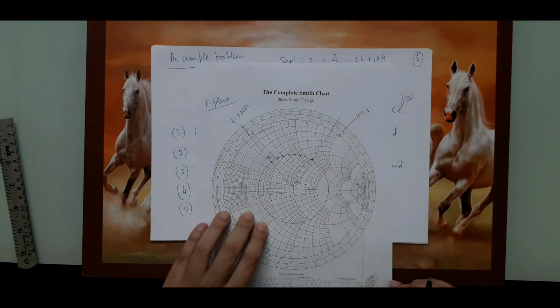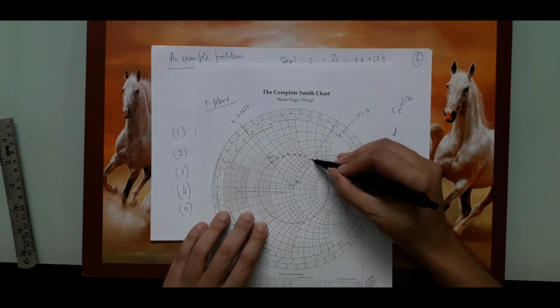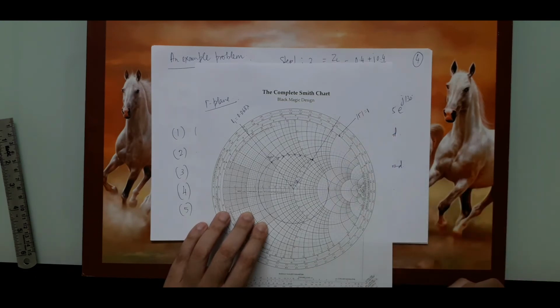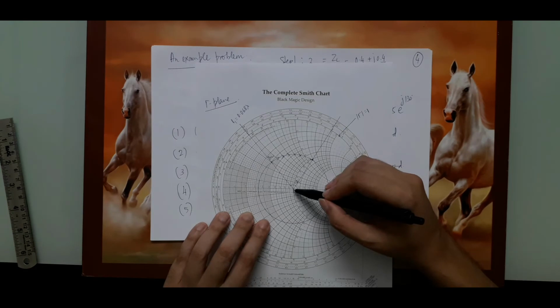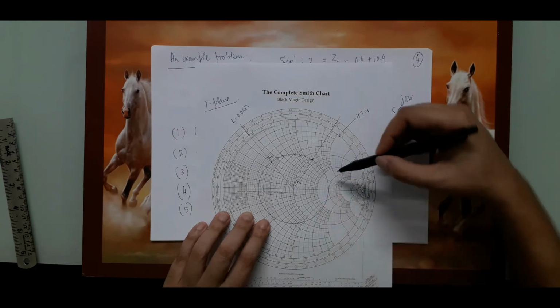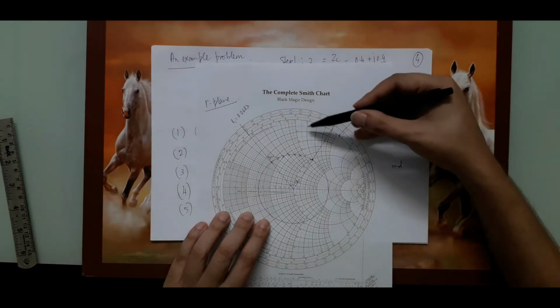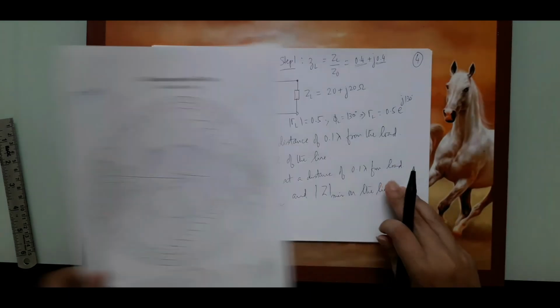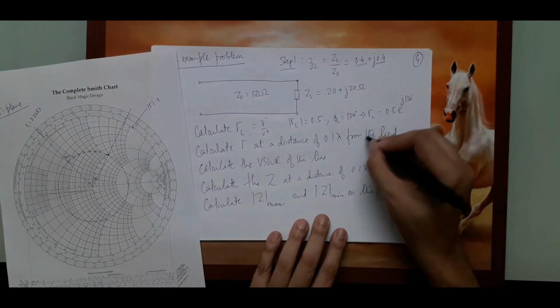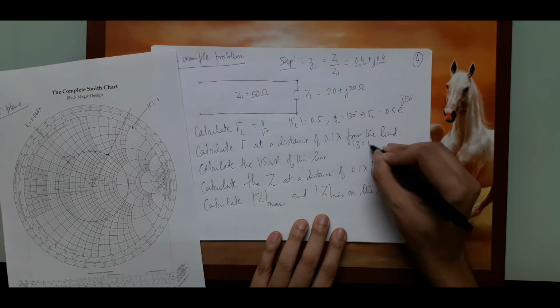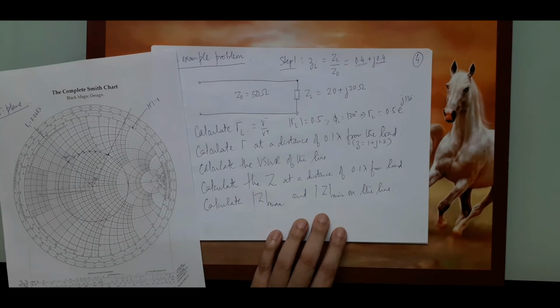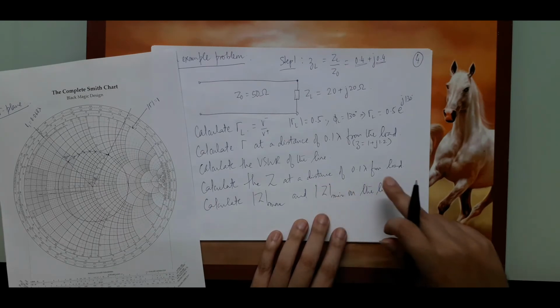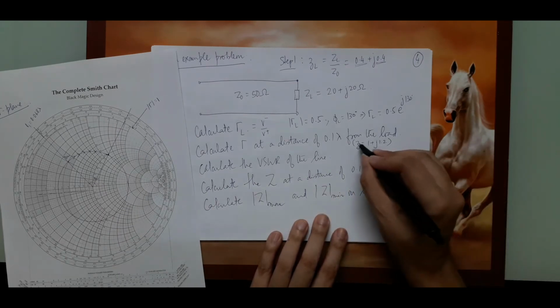Now all you need to do is simply read out the normalized impedance. This is nothing but 1 plus j 1.2. So small z is 1 plus j 1.2. I'm sorry, this is the answer for the fourth question.